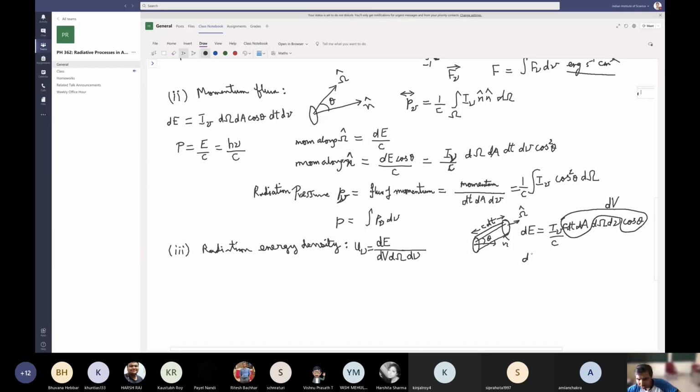So the energy crossing per unit volume, per unit frequency, per unit solid angle, because solid angle is not covered yet, since you're considering only photons going in a particular direction, is nothing but u nu.